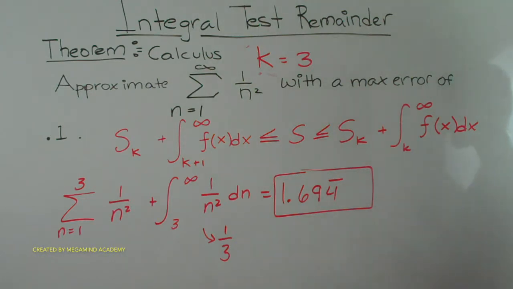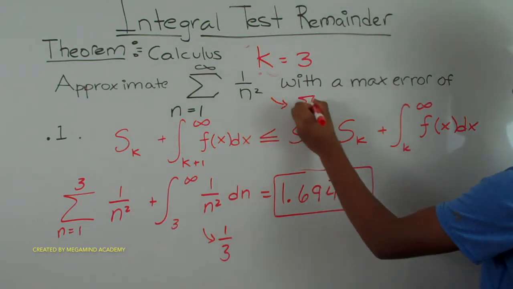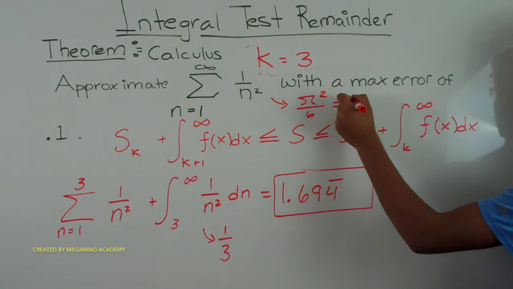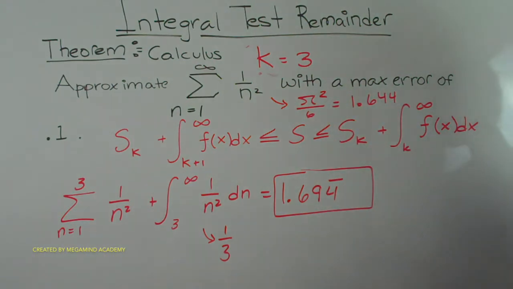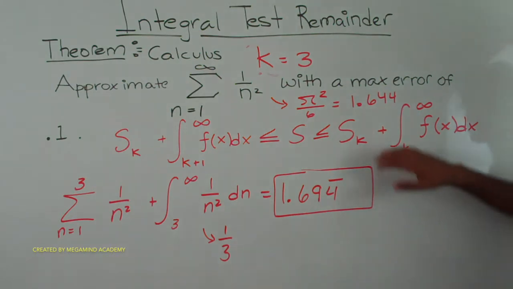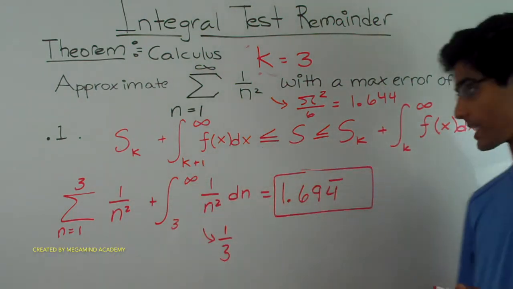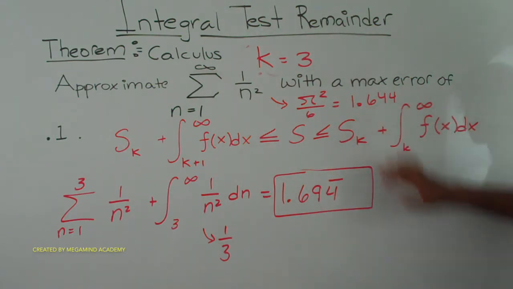And the only reason we know that is because the actual sum of this series is pi squared over 6, which is about equal to 1.645, something like that. We can see that this is within 0.1 from the actual answer, so we can see our approximation is correct.